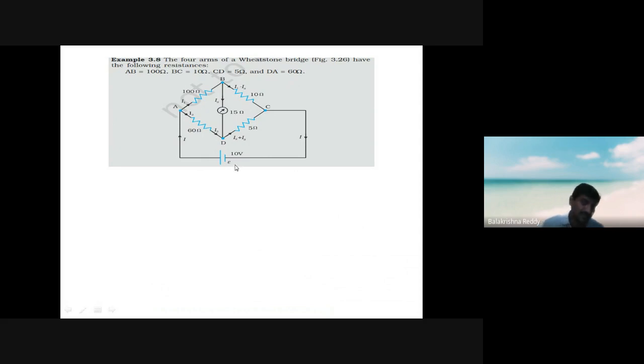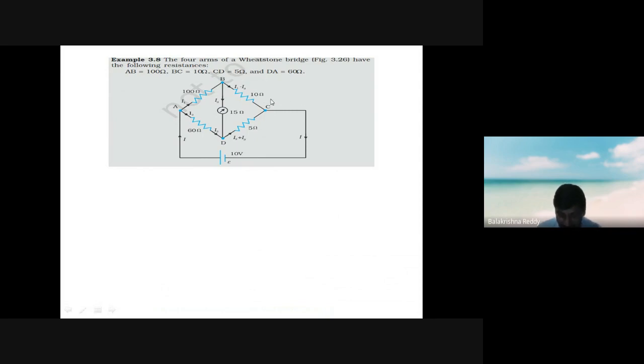Now, we have so many loops here. If you take from the positive terminal, the complete outside is one loop, and inside is another loop, loop 2, loop 3, and from inside loop 4. Like that we get 4 loops. As per this question, the 4 arms of the Wheatstone bridge have the given resistances AB, BC, CD and DA.